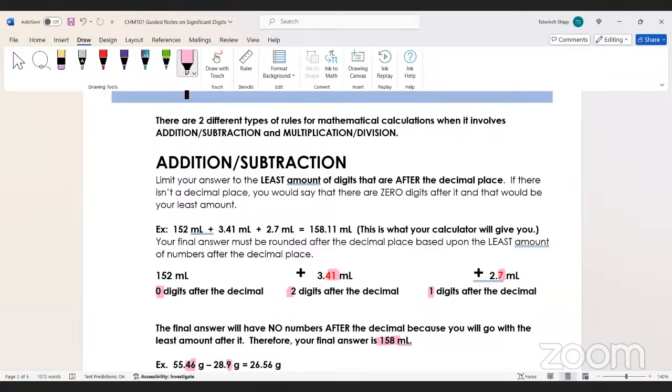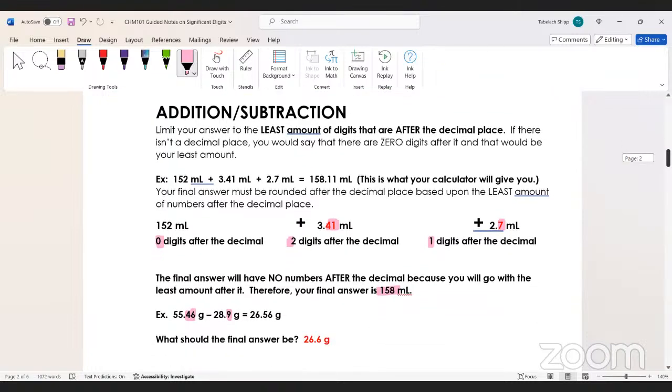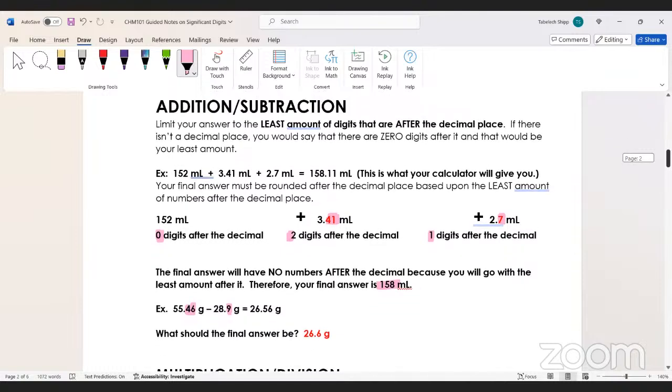Jacqueline said, oh, wait, 26.56. Yeah, that's the number that your calculator gives you. But how many numbers? Yes, very good, Jacqueline. That is correct. 26.6 is the correct answer, because you should have one significant digit after the decimal. And voila, you got that correct.